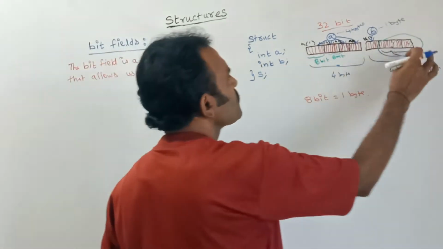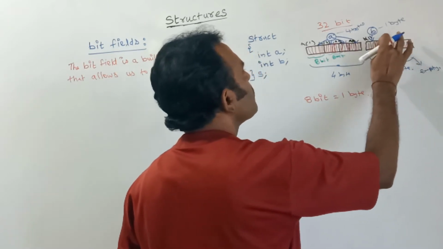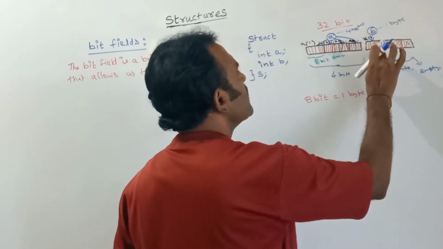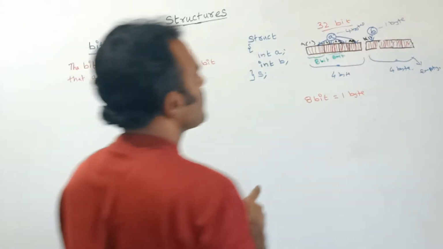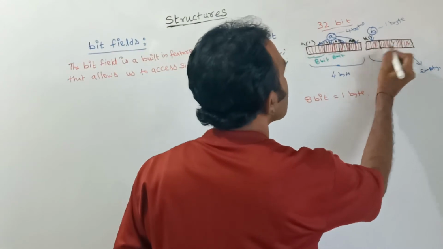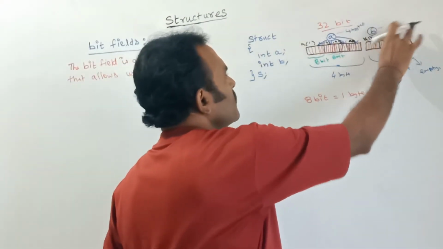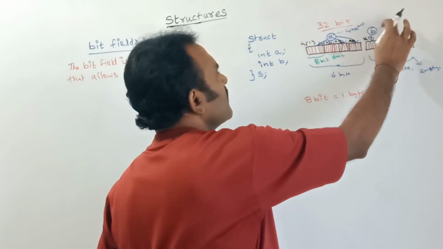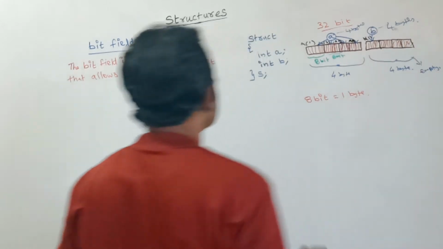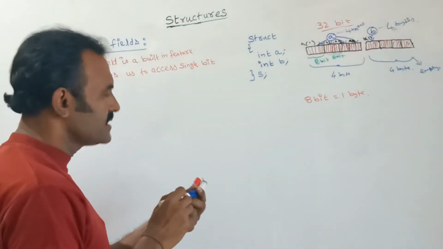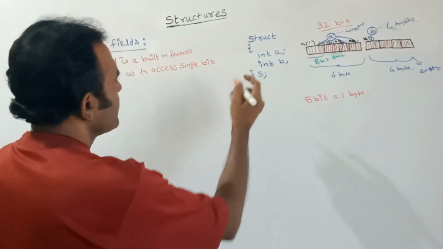For this B also, it is fully aligned, because the data type of B is integer. So every byte is allocated for the structure member B, and this member will also have 4 bytes. Suppose we want to find the size of this structure, what will be the answer here?